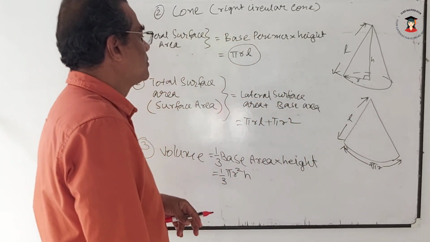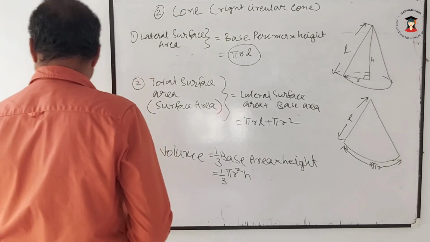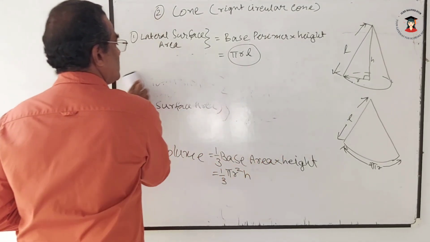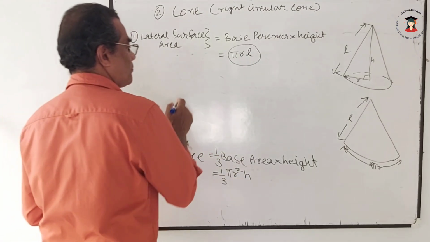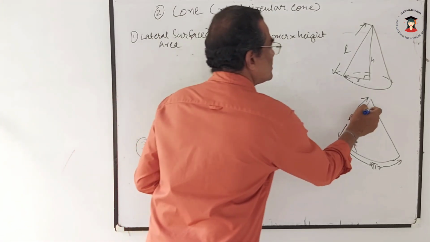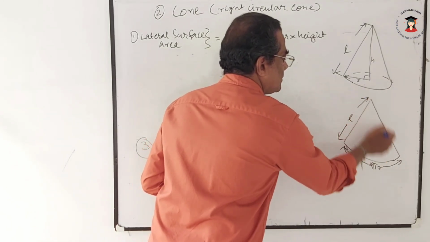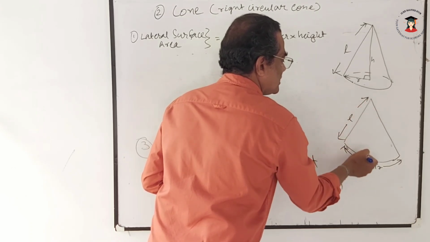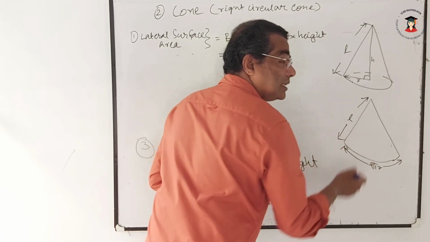So for a circle, we know the area. This is actually a portion of the circle because L is from this point, the distance of every point on this arc is the same.